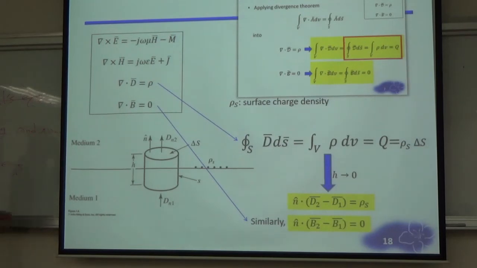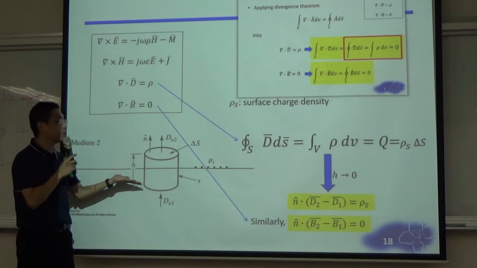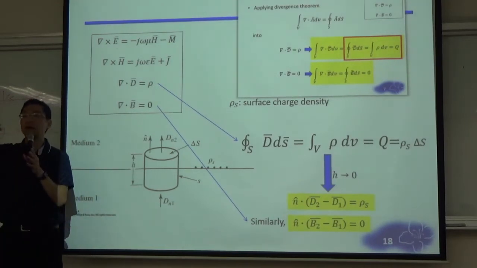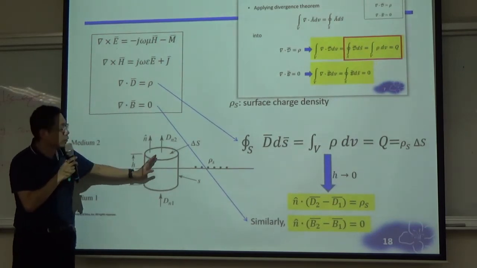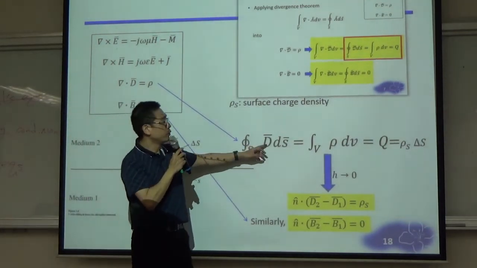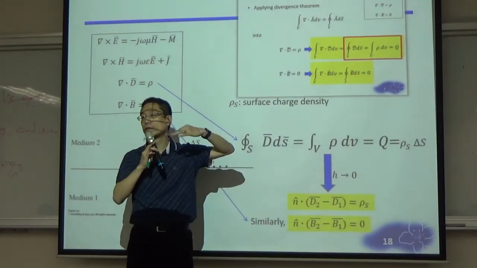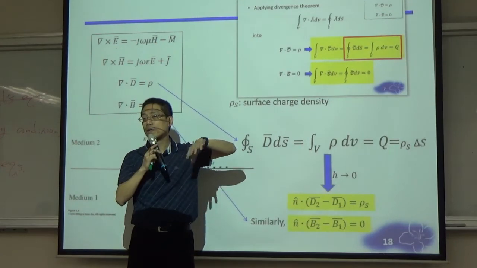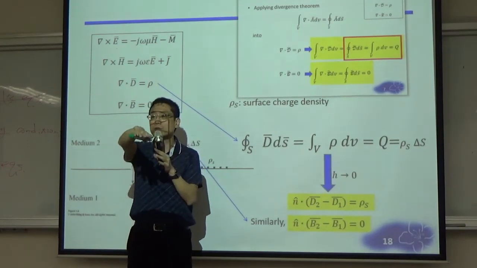Okay. What is Gauss's law? Gauss's law means if you integrate over all the surface area, if you know the D or B field, you integrate over all the surface. It must be a closed surface.